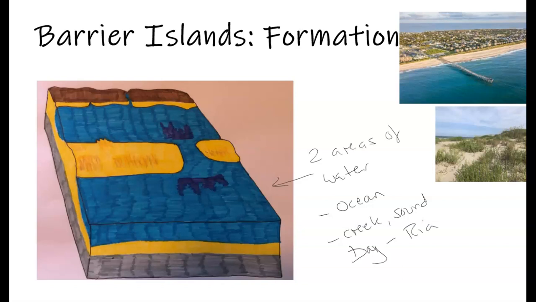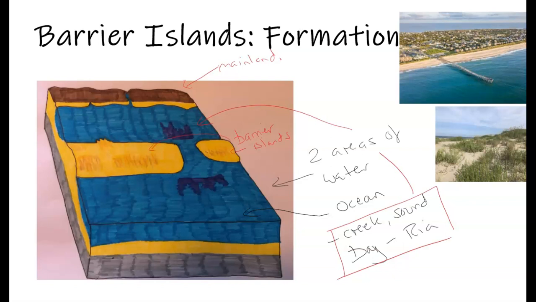But this area here, in terms of the Outer Banks, would be the Atlantic Ocean, and these terms here are linked to this area of water between the mainland. So this would be the mainland, and this would be the set of barrier islands right here.